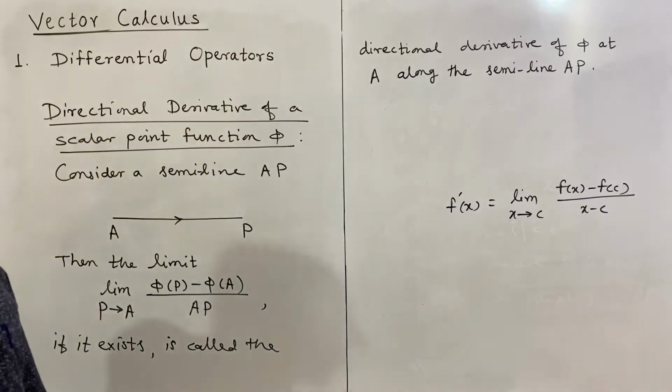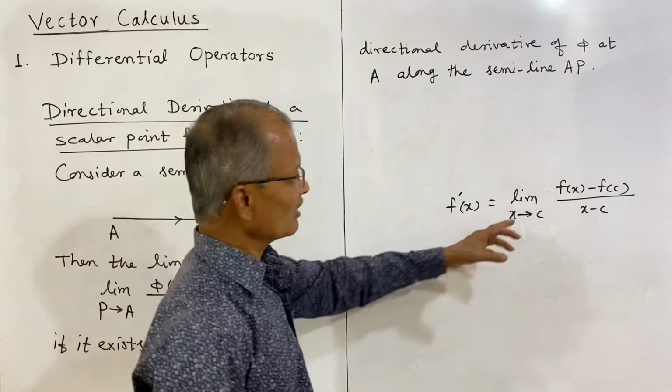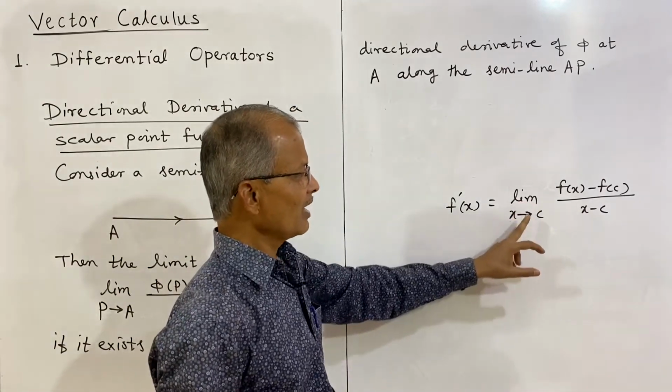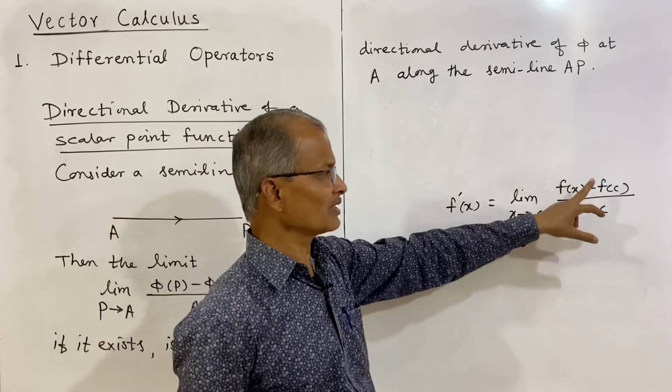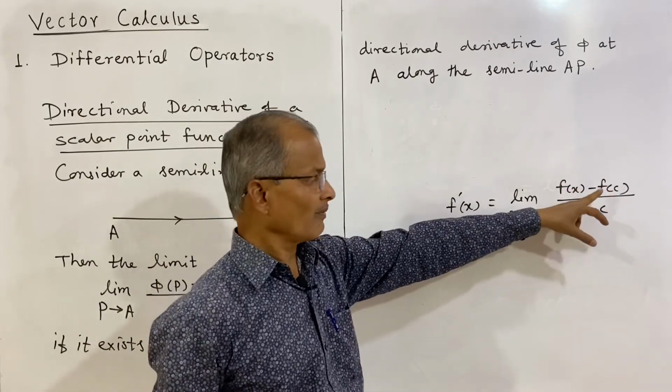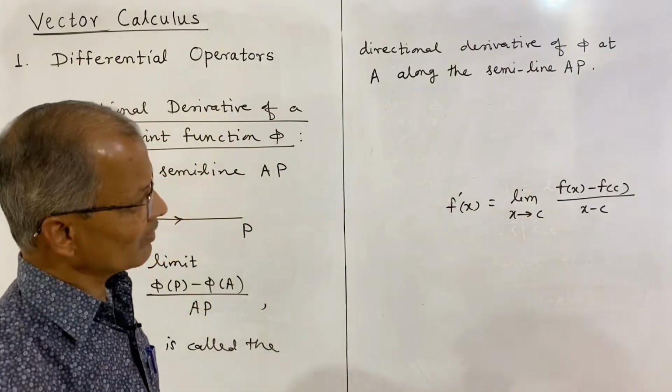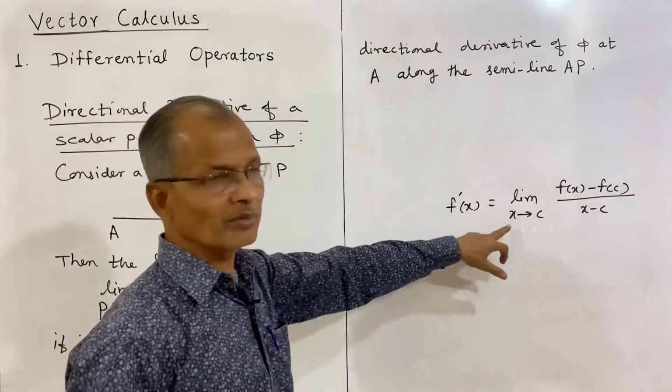Or if we consider x minus c as h, then that will be limit h tends to 0 of f of x plus h minus f of x divided by h. That is the definition of derivative.